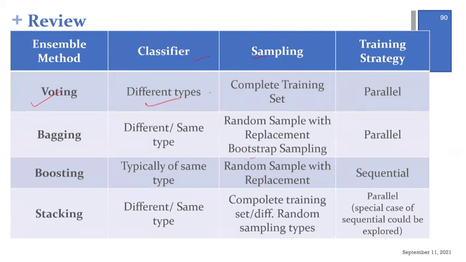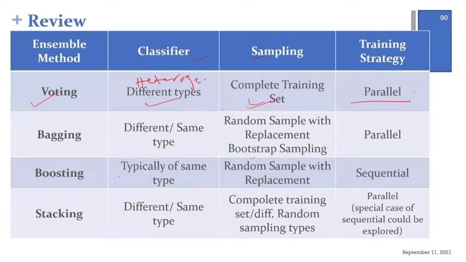That is heterogeneous, because we are using the same training set. Complete training sets are used for training all the classifiers. So preferably you have different classifiers because you are using the same training set to train them. That's why it is good to be a heterogeneous ensemble. And the training strategy is parallel, so individual people can train it and then come and combine their results.